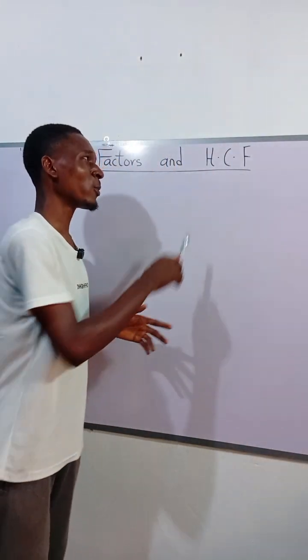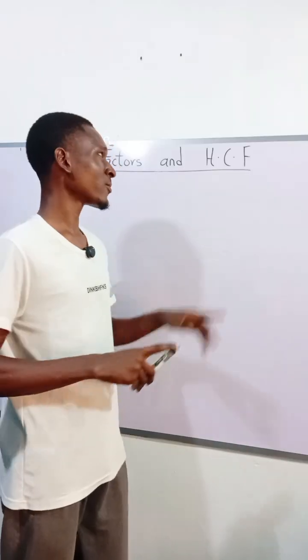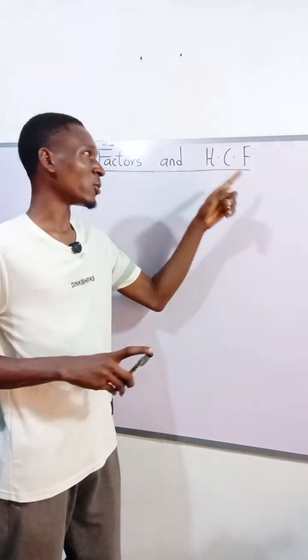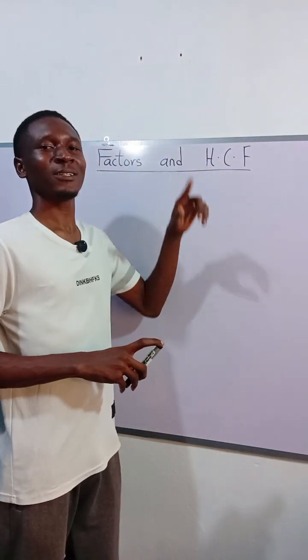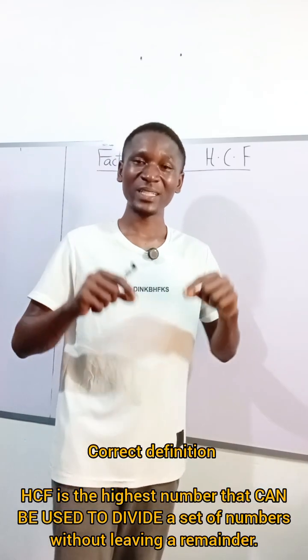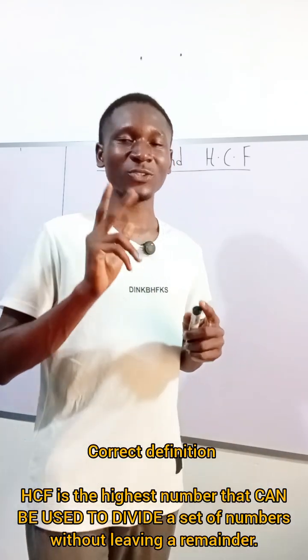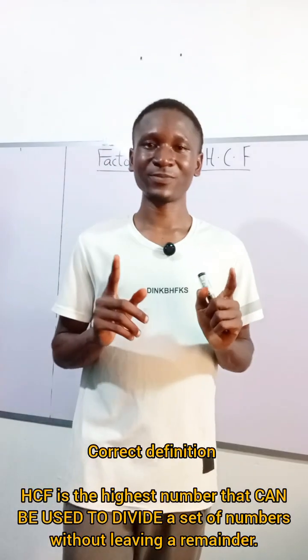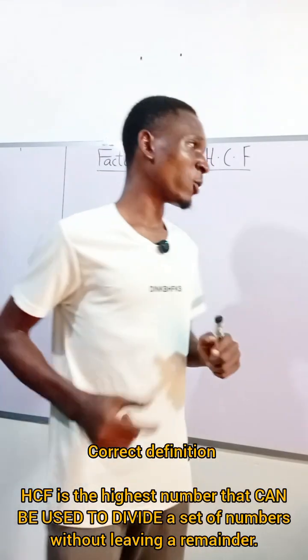But highest common factor, remember then is lowest common multiple, lowest, smallest. Now highest common factor is the highest number that can be divided by a set of numbers without a remainder. Yes, let me show you how we solve it.